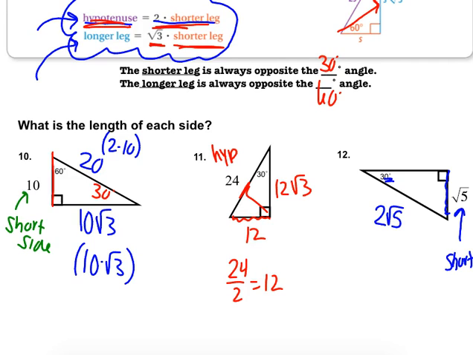And now, to find our long leg, we have to take our short leg times the square root of 3. So this is going to be goofy. I'm going to have my short leg, square root of 5, times the square root of 3. So now it's square root of 5 times the square root of 3. Square root of 15.